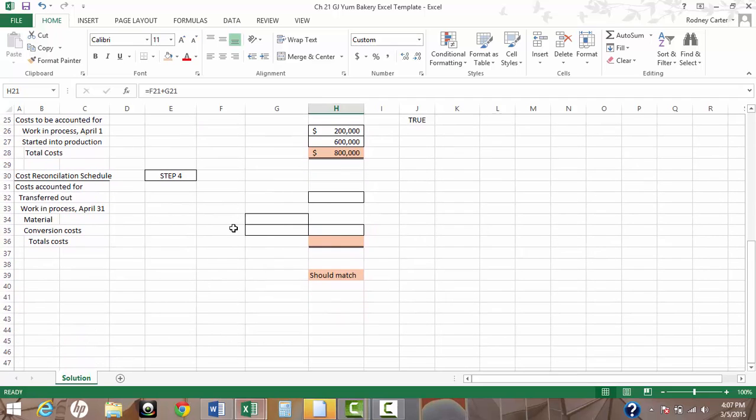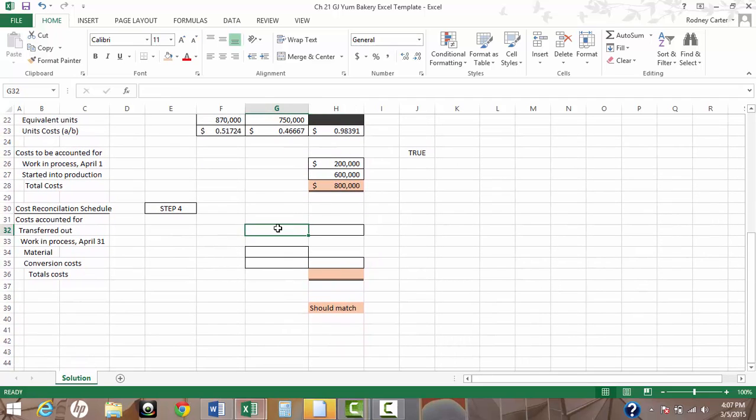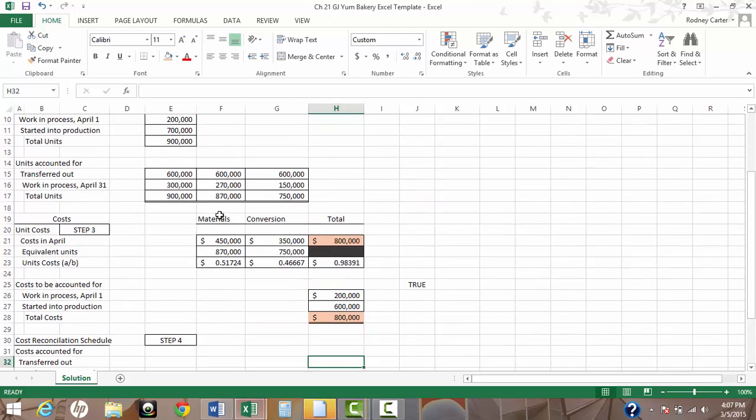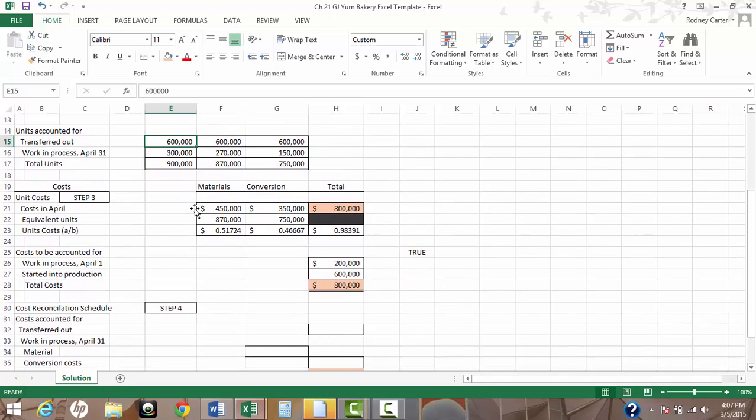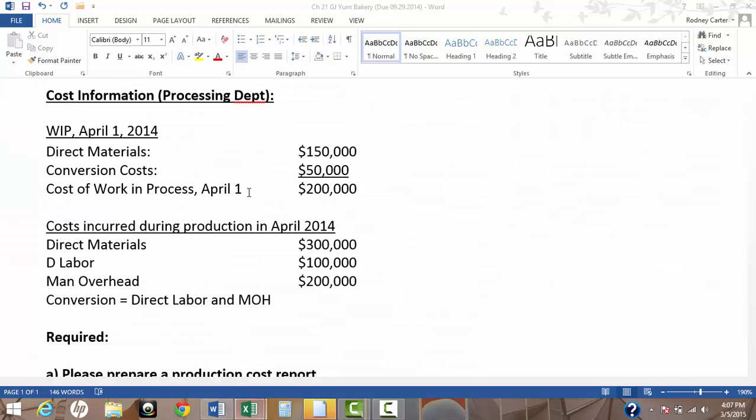Our fourth and final step is for us to find the dollar values transferred out. We know how many units transferred out, 600,000 units. The question is, how many dollars transferred out when those 600,000 moved on to the next department?